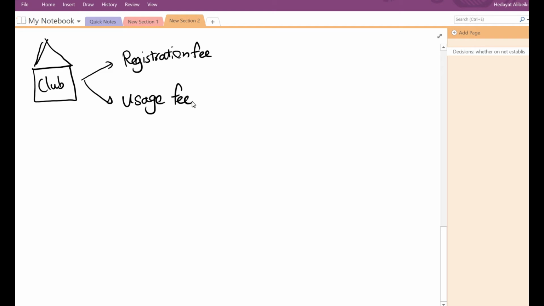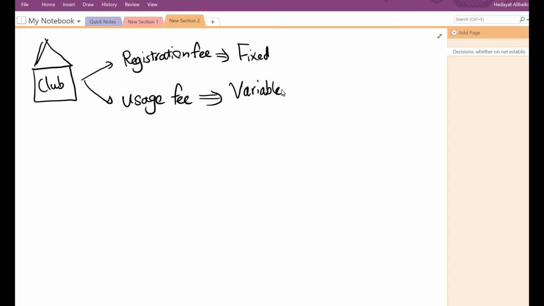The registration fee is a non-refundable fund, and it's actually a fixed cost. Doesn't matter whether you use it or not, so you have to pay it upfront. And then the usage fee is variable depending on the amount of product or service that you receive from that club. It can change from month to month, for example.